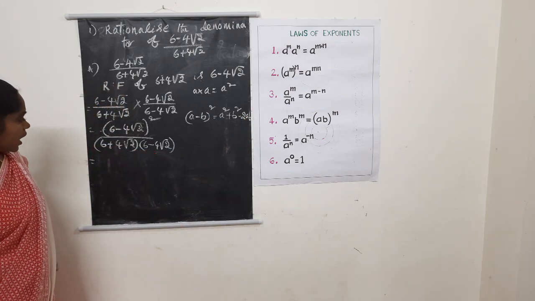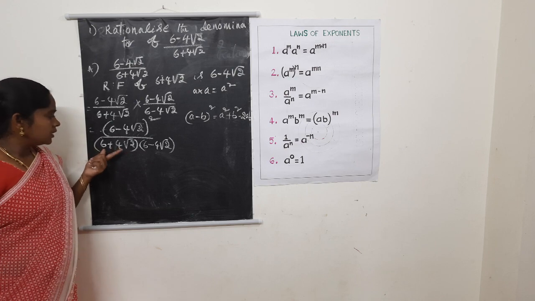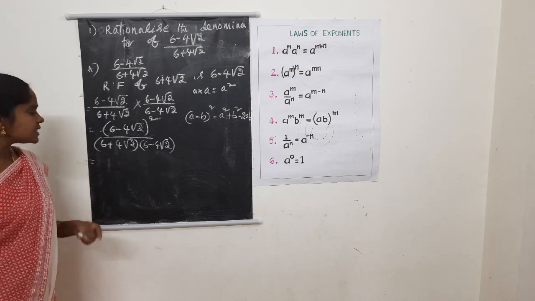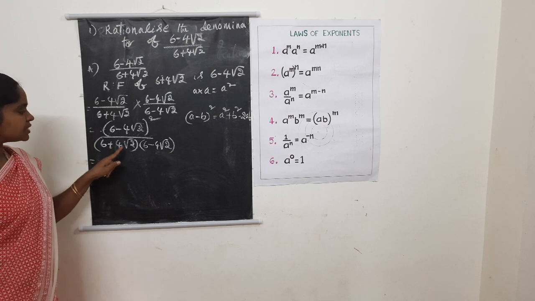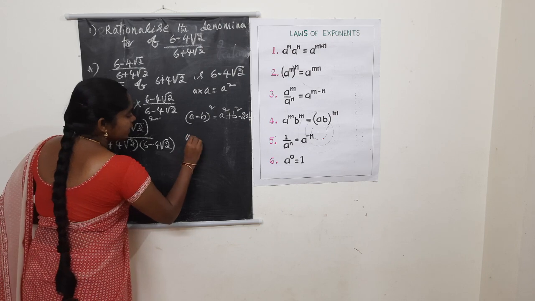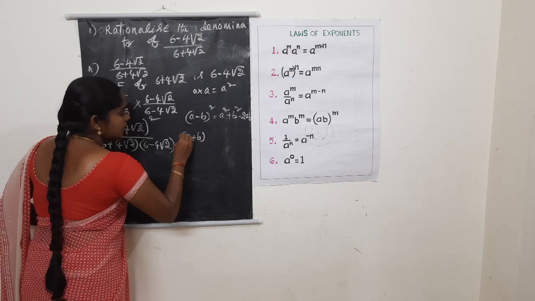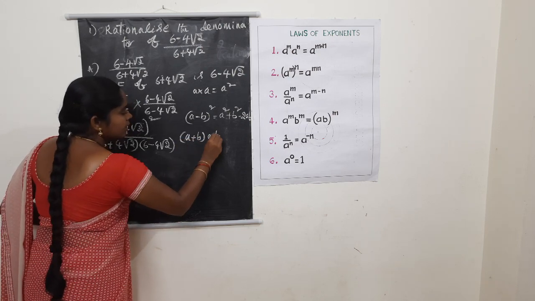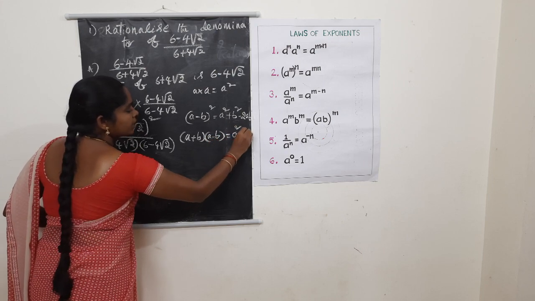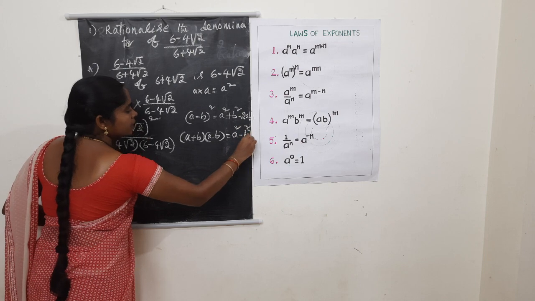Next, observe the denominator. 6 plus 4 root 2 into 6 minus 4 root 2 is in the form of a plus b into a minus b, which is equal to a square minus b square.